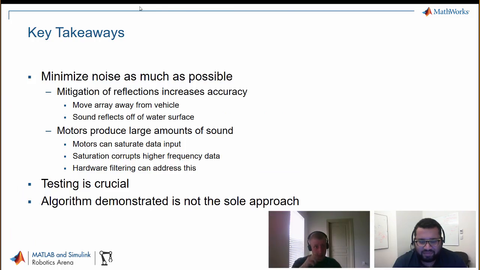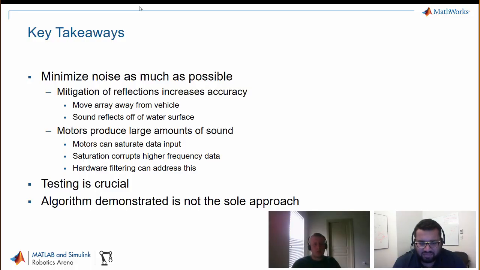Yeah, definitely. Some key takeaways for you guys, just some information we've learned over a period of time working on this problem. One of the biggest things you're going to want to remember is that minimization of noise is the biggest thing you need to do to be successful with this task.